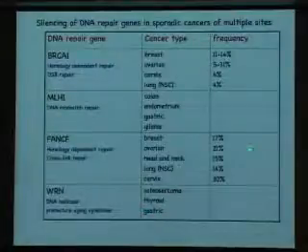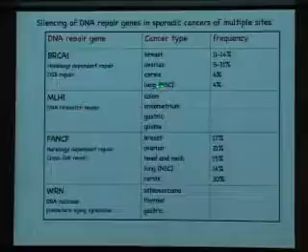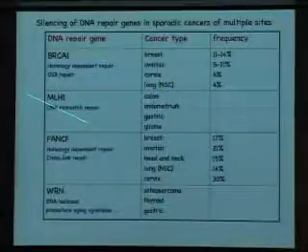And here are some of the frequencies. For some of them, the frequency numbers aren't reliable because the denominator is not large. But the point is that silencing of multiple DNA repair genes is seen in a variety of cancers.